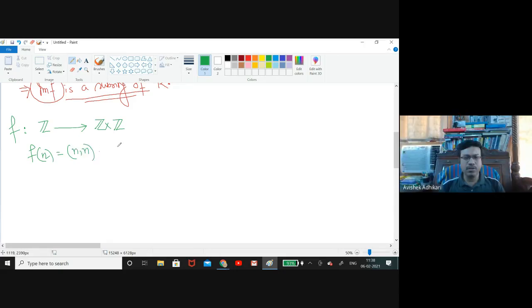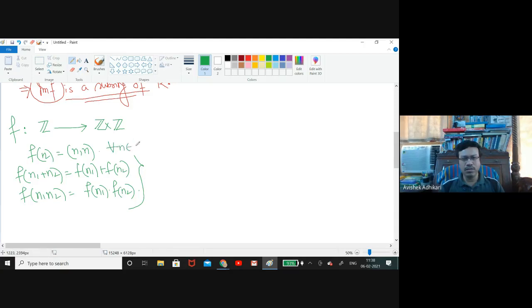Whether this is a ring homomorphism, what we need to check is f of n1 plus n2 should be f of n1 plus f of n2, and also f of n1 n2 should be f of n1 into f of n2. Are these two properties satisfied? Yes, sir. Okay, so this is a ring homomorphism.